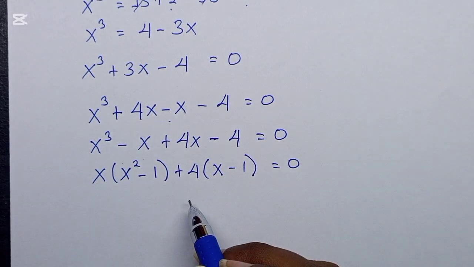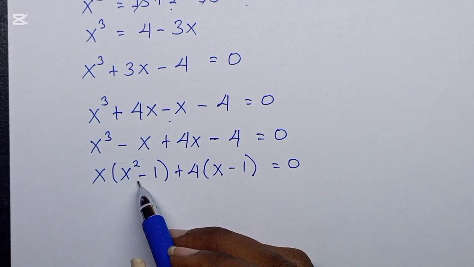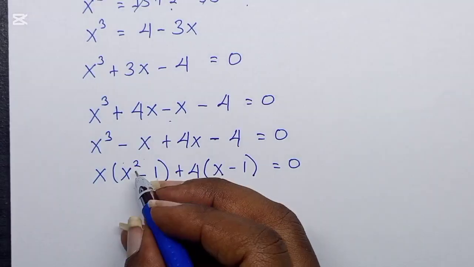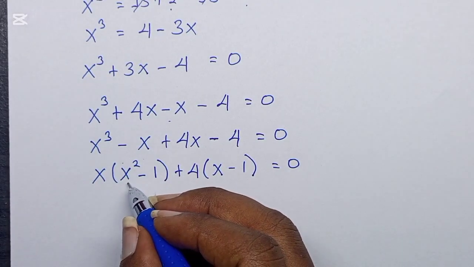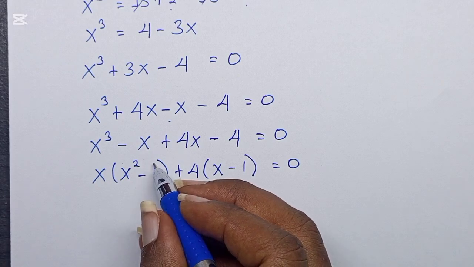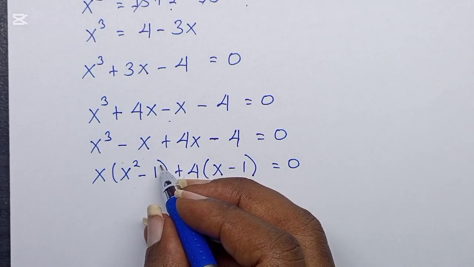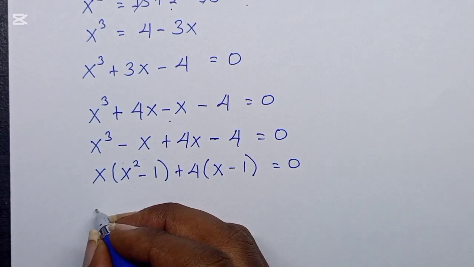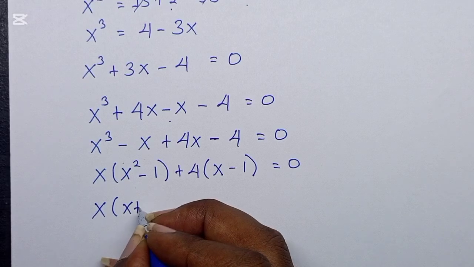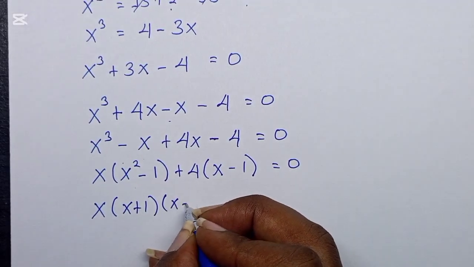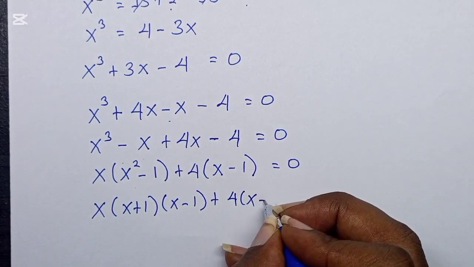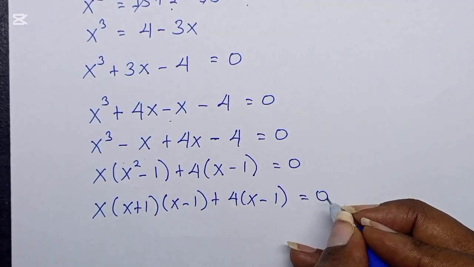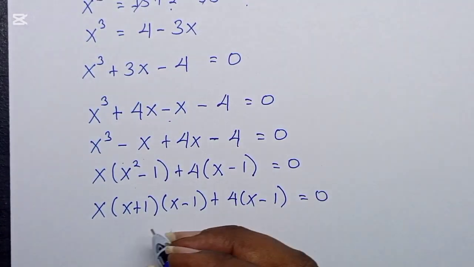As you can see, this here is in the form of a perfect square. So 1 is the same as 1 squared, so this is x squared minus 1 squared. So it can be written as x into x plus 1, x minus 1. So plus this, 4 into x minus 1 is equal to 0.